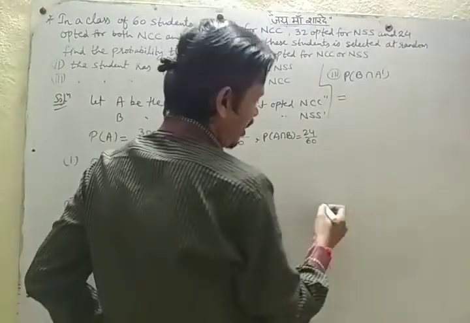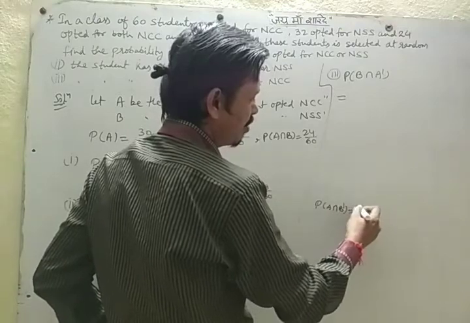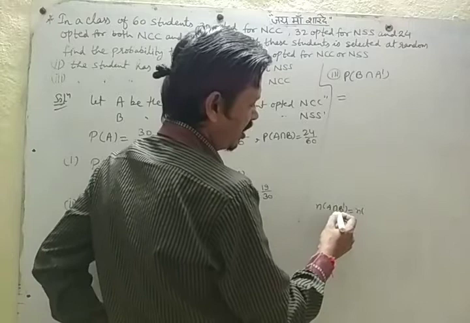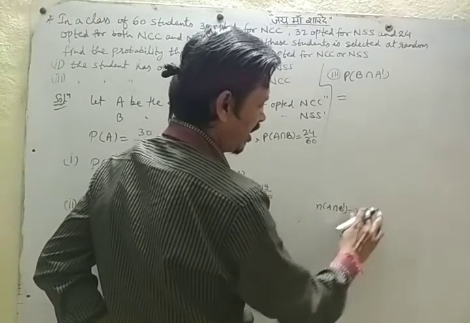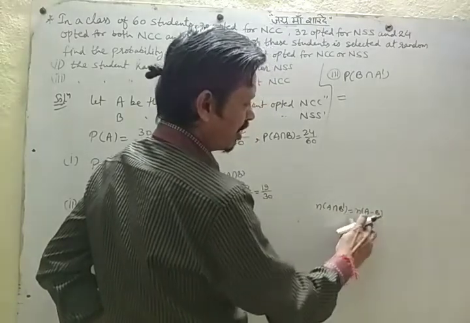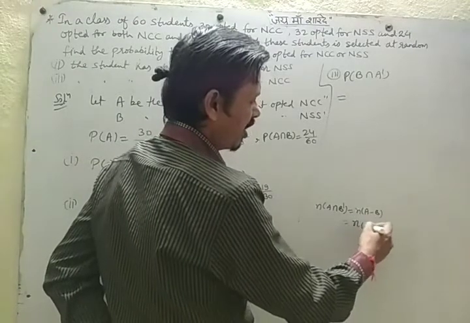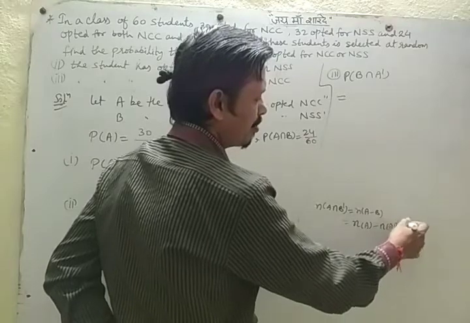Now we have one property in sets. N of A intersection B dash is N of A minus N of A intersection B, the number of elements of A minus the number of elements of A intersection B.